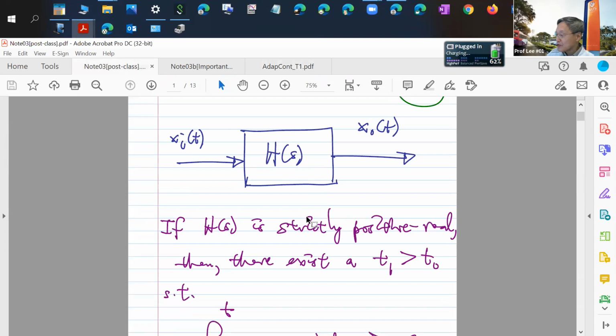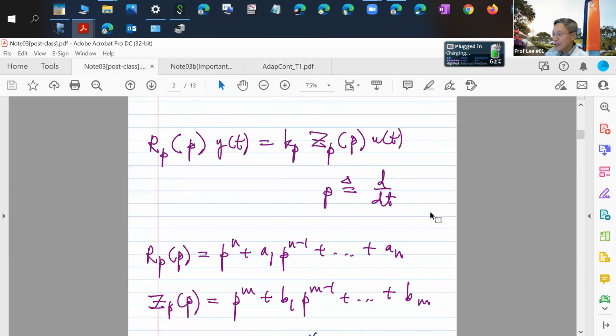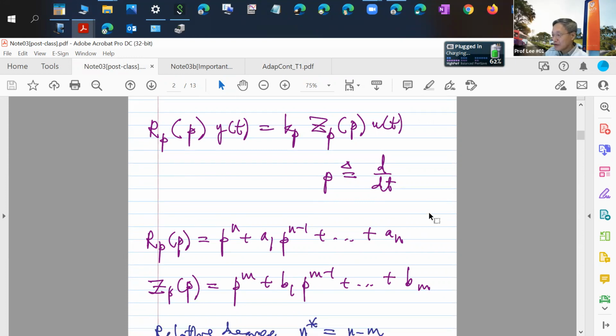We said, give me the equivalent of this system that you're trying to control, essentially equivalent to a transfer function with a pole polynomial of order n with all these coefficients. Leading coefficient is 1. Then also the zero polynomial of degree m, also with leading coefficient 1.